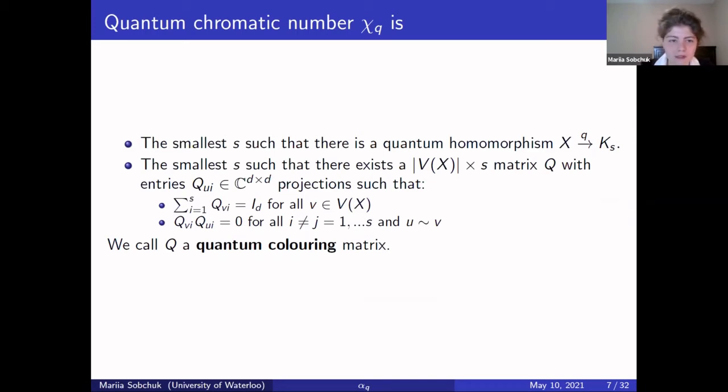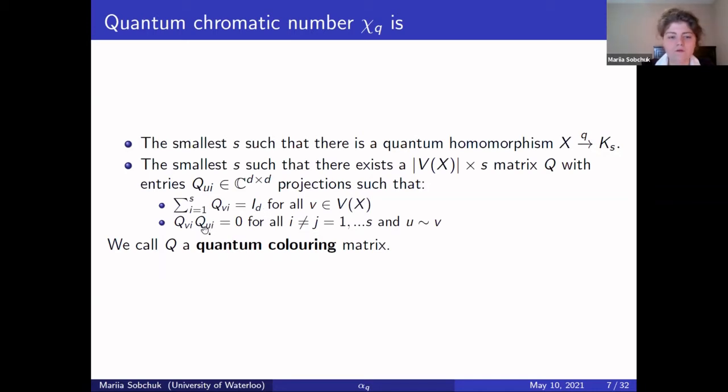just like with the quantum independence number. So again, phrasing it more formally, we are looking for a quantum coloring matrix that has S columns, and S better be as small as possible. And the rows are still indexed by the vertices. Again, entries are still projections, but this time we have the requirement on the summation in the rows to be identity instead of in the columns like before.